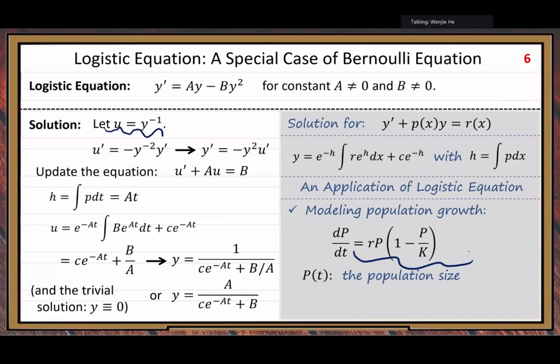If it grows too much past that K line, then it becomes negative. This is the way to model that up and down phenomenon. So it would look sinusoidal?